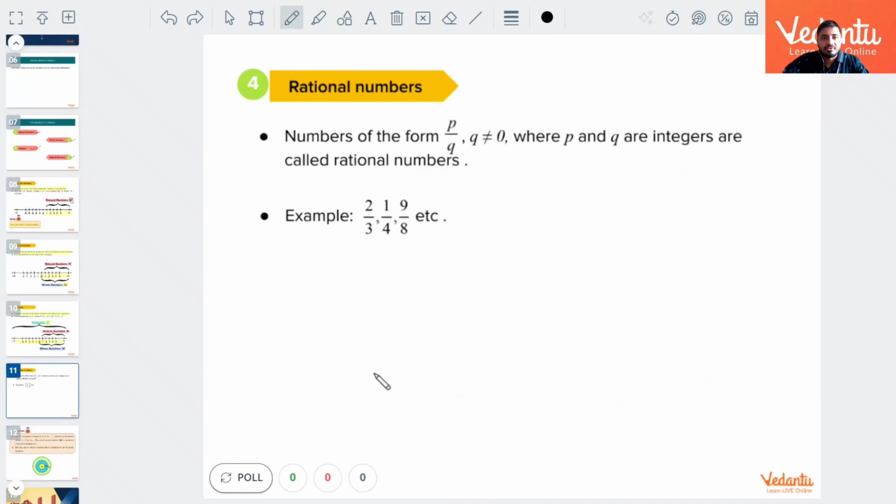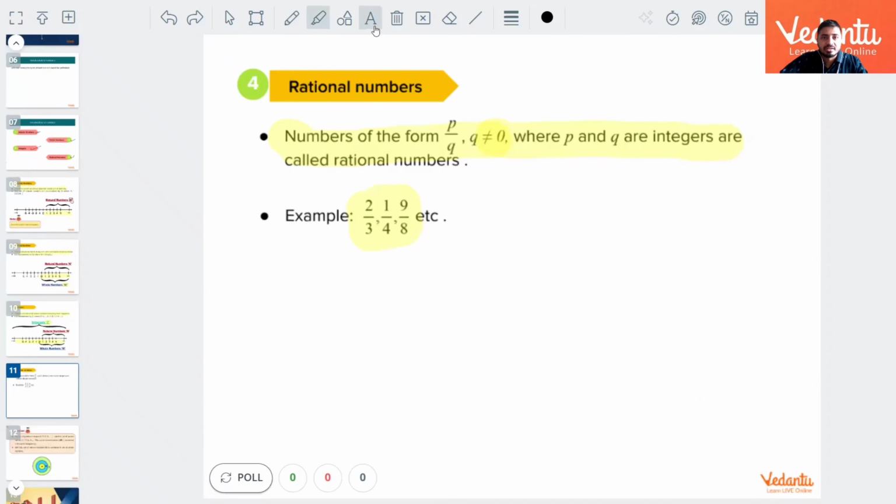Next one, rational numbers. What are rational numbers? Numbers in the form of p by q. But what is the important condition? q must not be equal to 0, guys. Where p and q are integers, it is known as a rational number. Examples: 2 by 3, 1 by 4, 9 by 8.